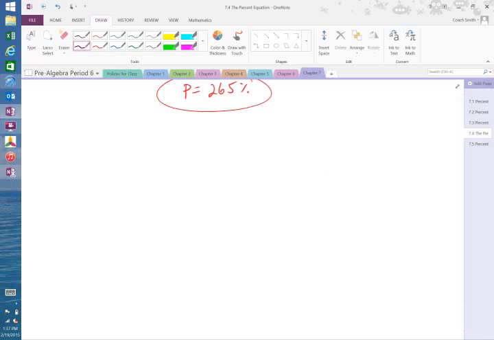All right, let's look at number 18. Now we're going to translate what we're doing in the word sentences and put them into word problems. The music collector has 1,200 CDs and 65% of them were produced after 1990. How many of the CDs were produced after 1990?